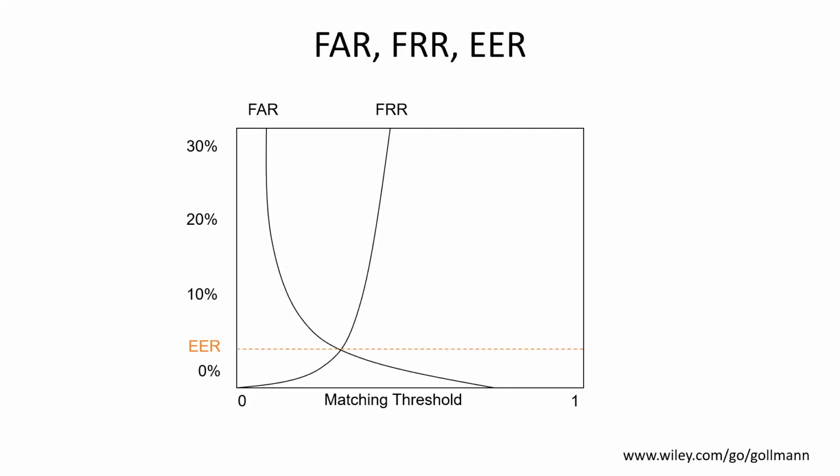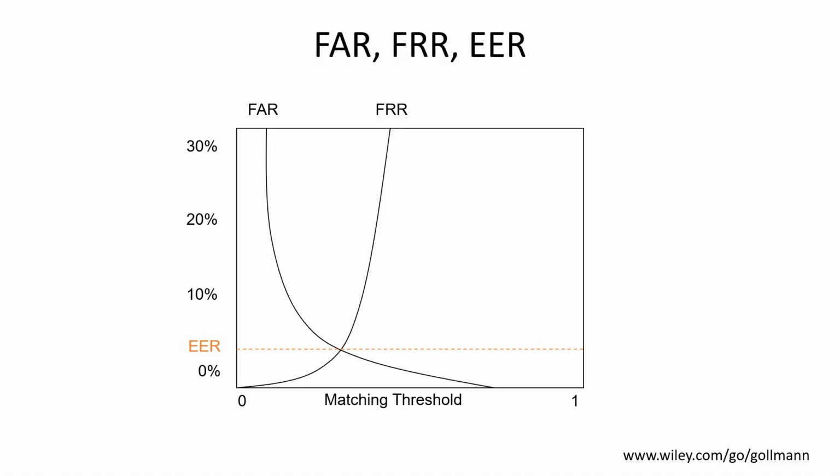It's easy to look at this picture. This picture along the x-axis, how carefully are we matching the information? If we match it very carefully, meaning we're way over on the right, then only a really good match is going to make it. We'll get lots of false rejections. The FRR, false rejection rate, goes way up because unless it really matches carefully.